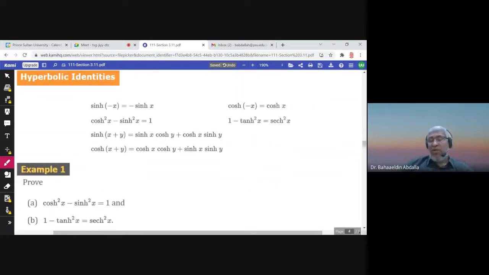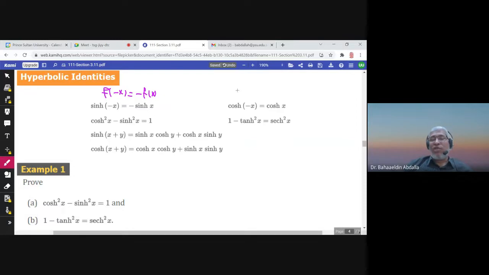So now I hope you understand the definition and you memorized it after solving all of these exercises about the definitions. Now there are some identities that we can find from the definitions. For example, sinh negative x is negative sinh x, and this means that sinh is an odd function because f of negative x is negative f of x, and this is the definition of the odd function.